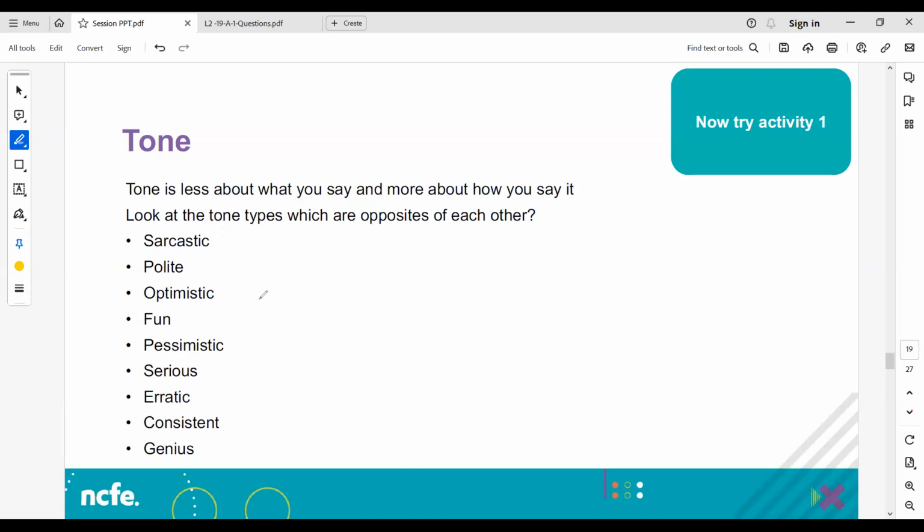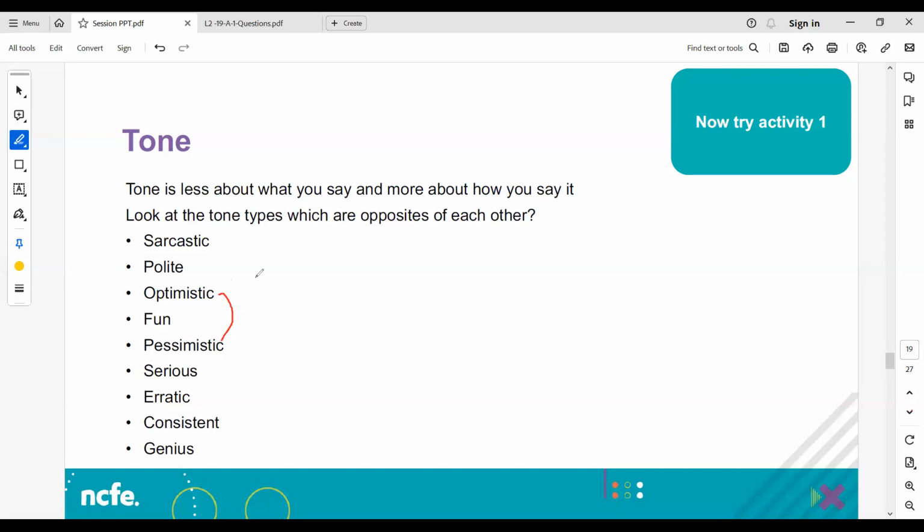There's another word there that's very much like optimistic, which means negative, and everyone might not be aware of that word. So optimistic and pessimistic. Optimistic is looking on the good side of things, being positive. Pessimistic is the opposite of that, looking on the bad side, being very negative.